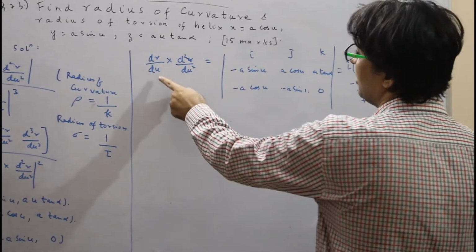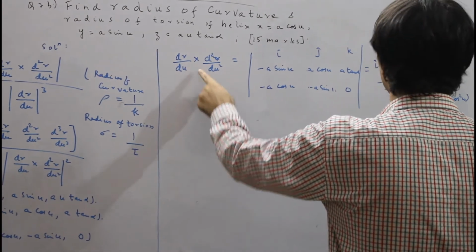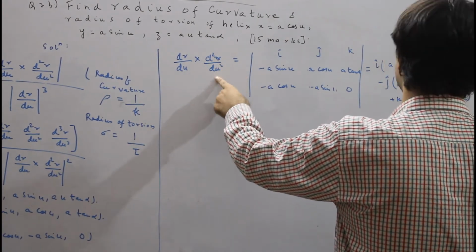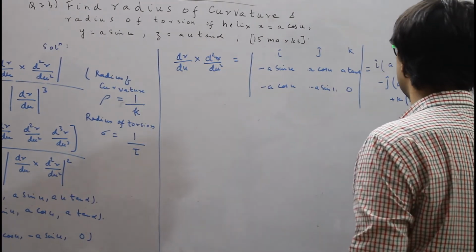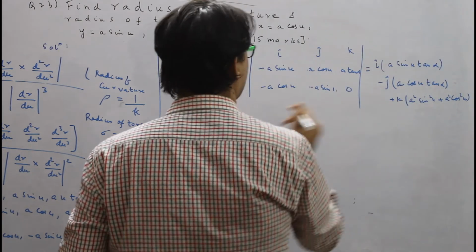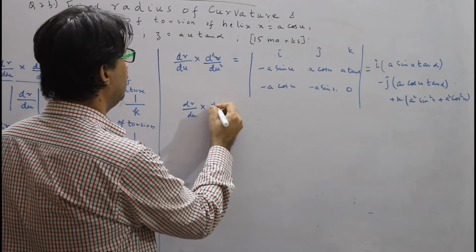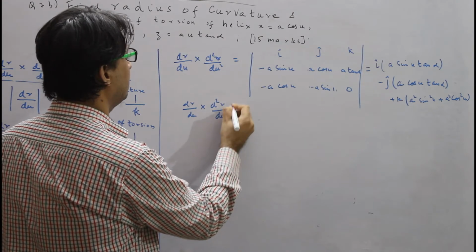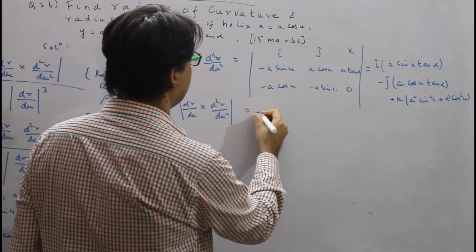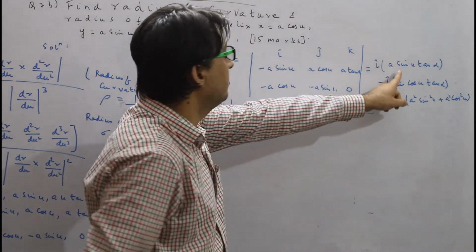So we have got our dr by du cross d square r by du square. We have to take the mod of this also. I will take the mod here itself: the mod of dr by du cross d square r by du square is going to be under root of, what is this component?